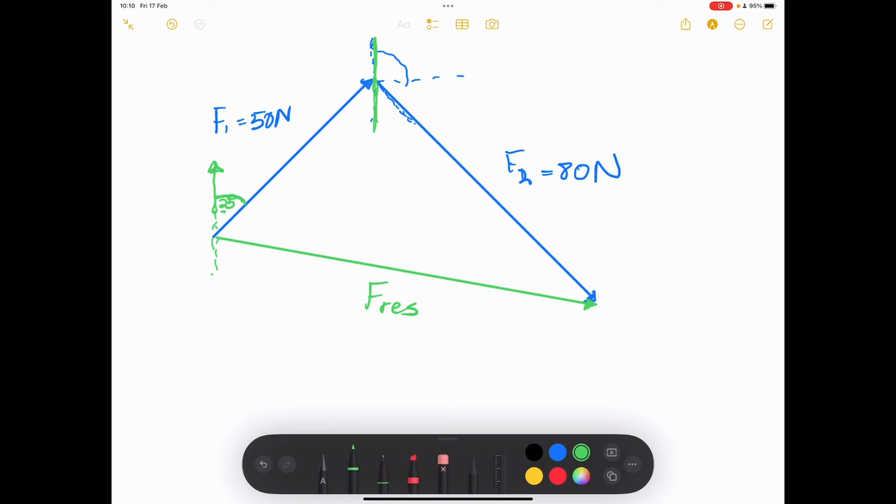If that's 25 degrees and these are parallel lines, remember these two green lines are parallel to each other, so what I would know is that they are alternating angles. And if they are alternating angles, it means this angle over here is 25 degrees as well. I hope that makes sense, ladies and gents, that I'm not confusing you.